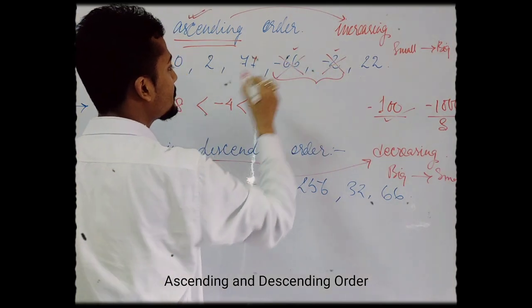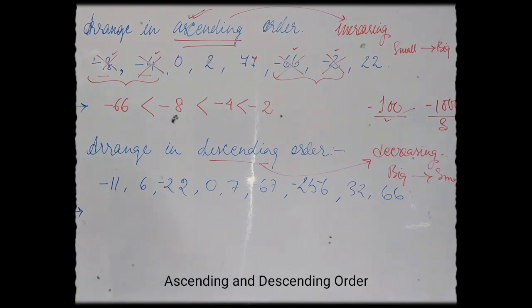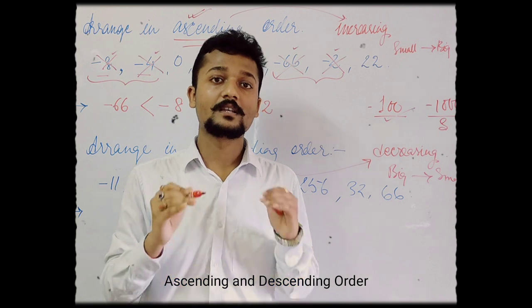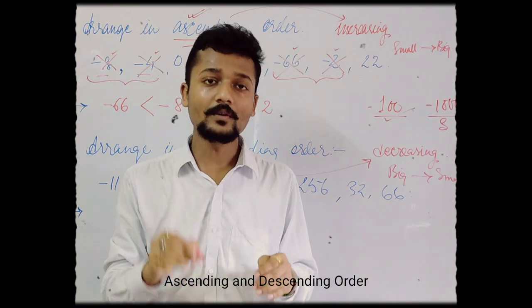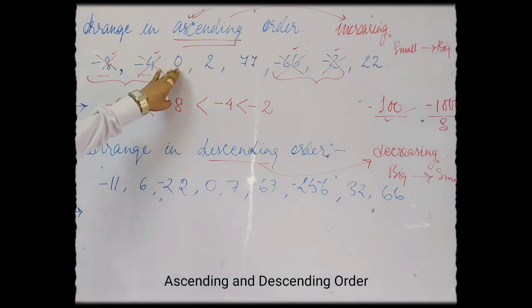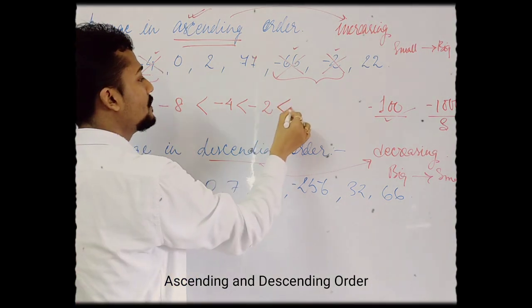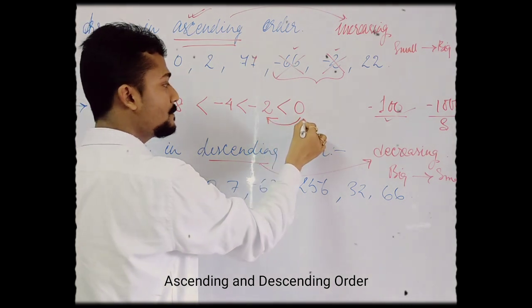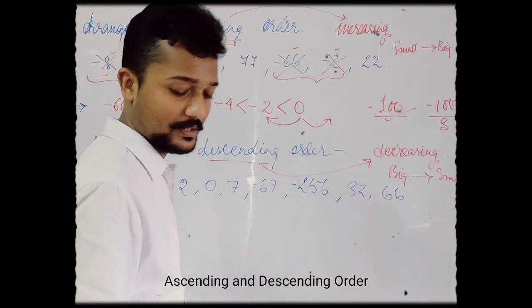Now what is left? Positive integers as well as 0. So what do we know? That 0 is smaller than positive integers. That means 0 is greater than negative integers, but it is smaller than the positive ones, isn't it?